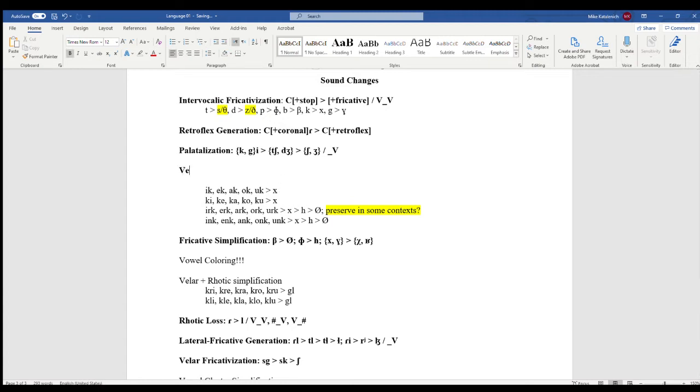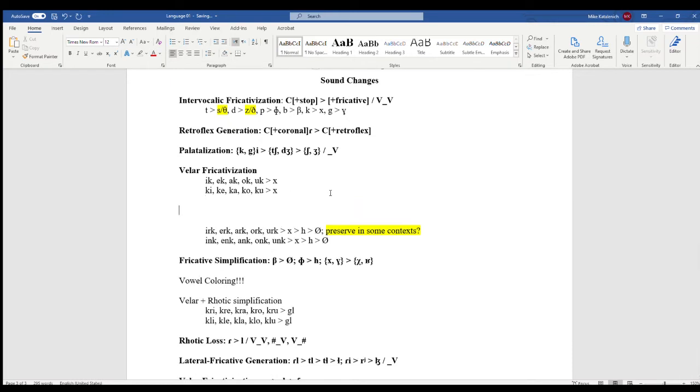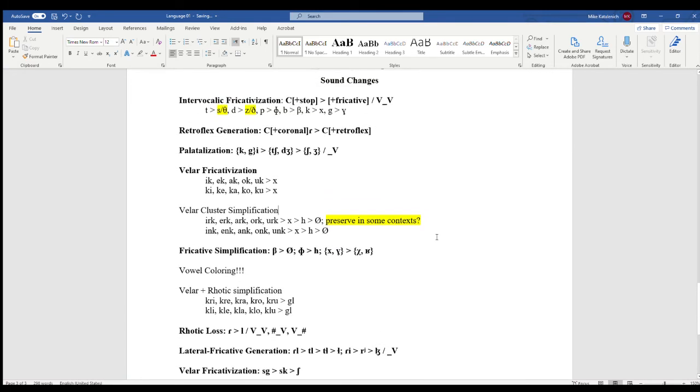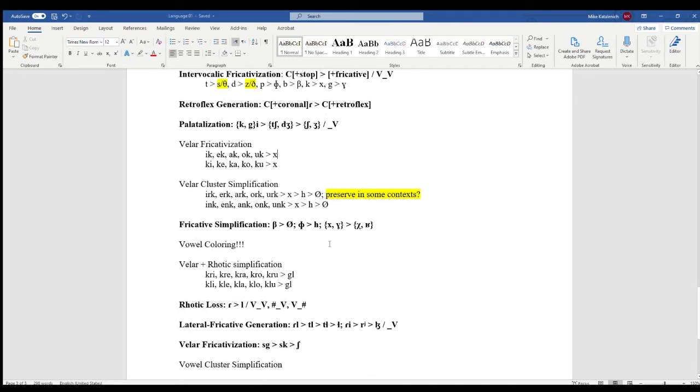I'll just call velar fricativization is where those rules are going to go. And then velar cluster simplification is where those are going to go. So there's those rules written in some fashion. I'm going to debold that because I'm not certain on anything yet.